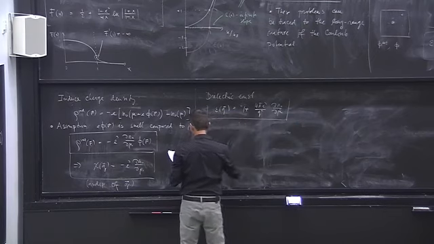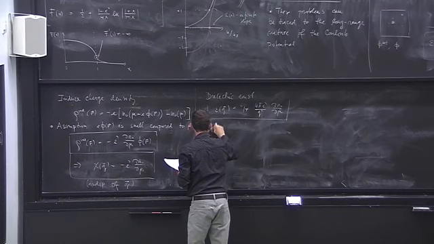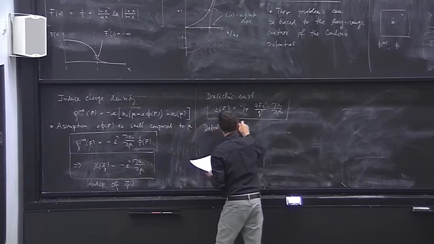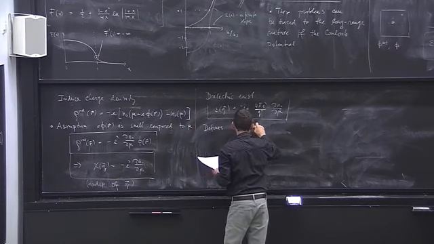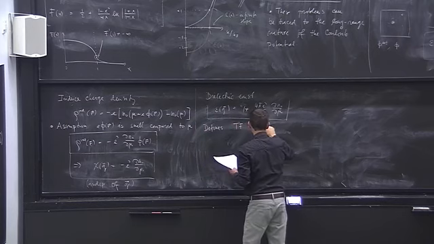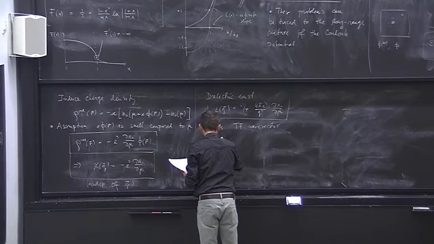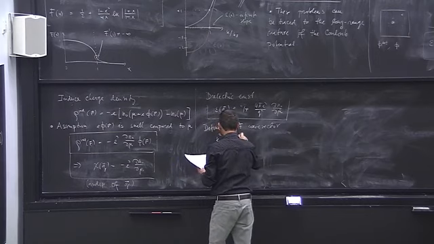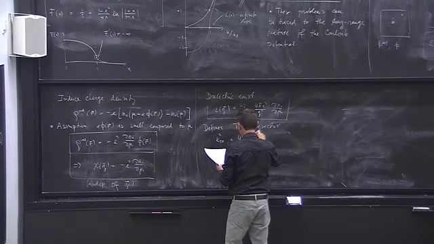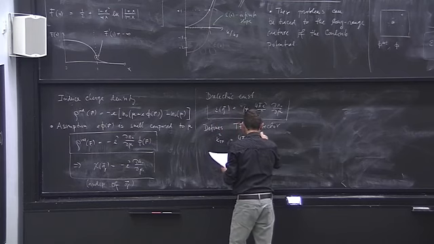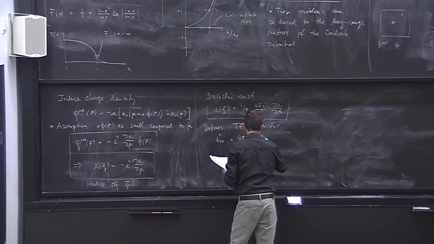Often one defines a Thomas-Fermi wave vector by the following relation: k Thomas-Fermi squared is 4 pi e squared dn naught over d mu.